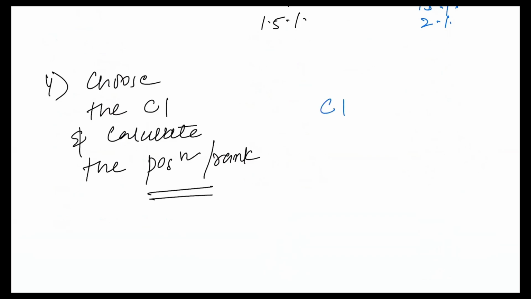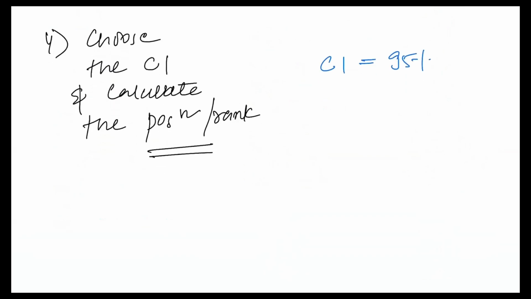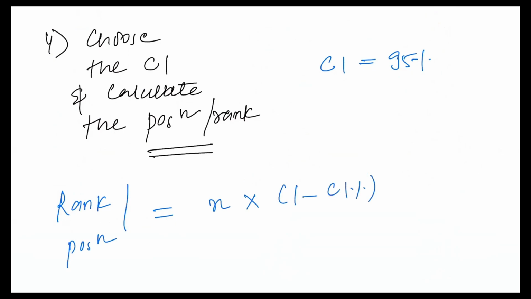Let's say we take confidence interval as 95%. So how will we calculate the position? It is n times 1 minus confidence interval, where n represents your total number of trading days.